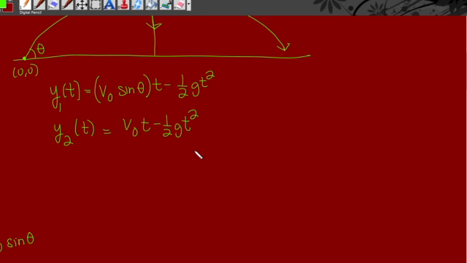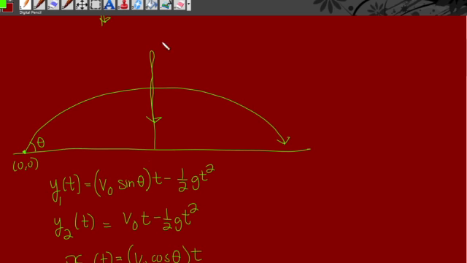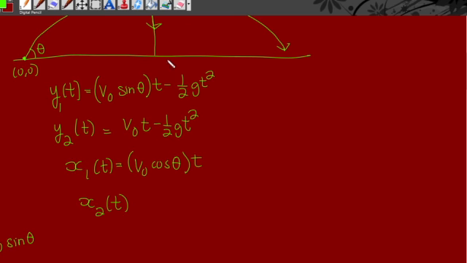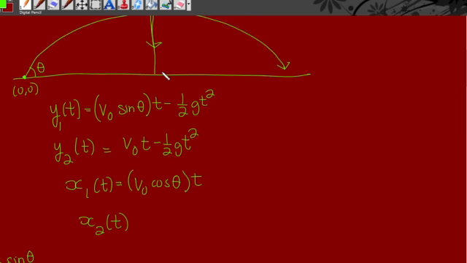Okay. And if we look at the horizontal motion, looking at the first ball that's thrown, this would just be v naught cosine theta times t. And if we look at the second ball thrown, since its initial velocity only has a vertical component, we know that its horizontal position has to stay the same.